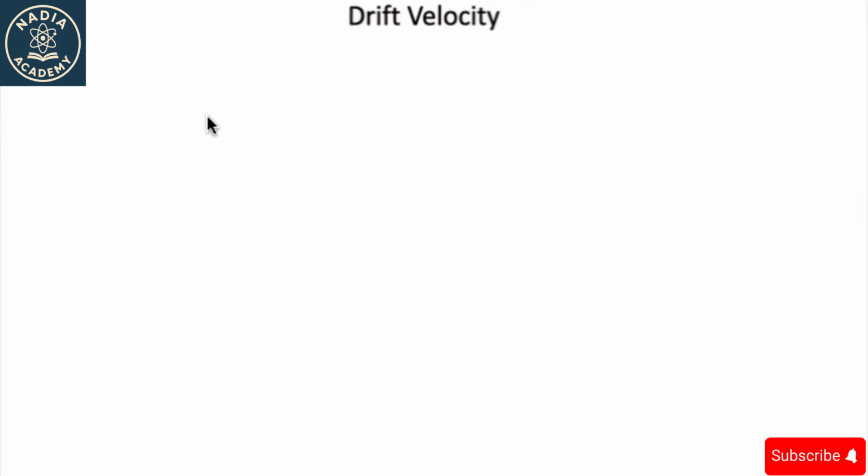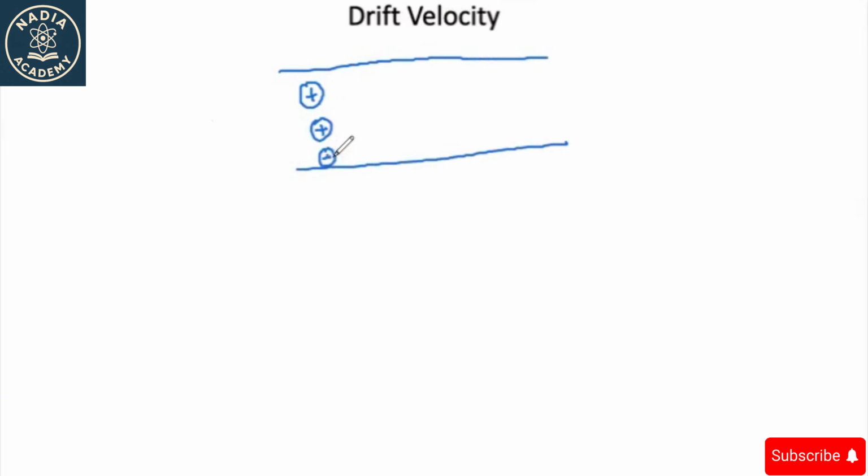To understand the concept of drift velocity, let's first see the picture of a metallic conducting wire. In a metallic conducting wire, we mainly have positive ions that are at their fixed positions.